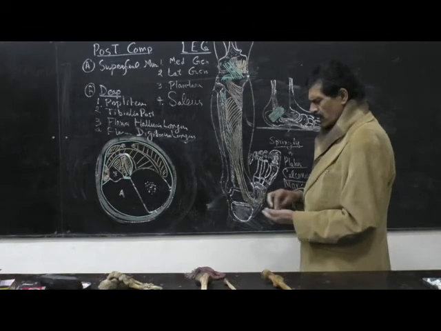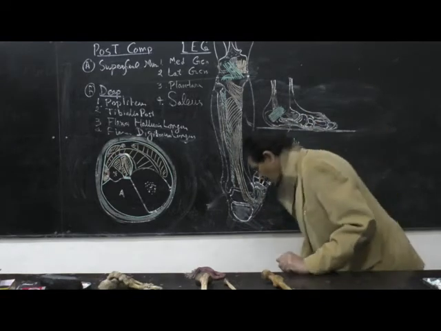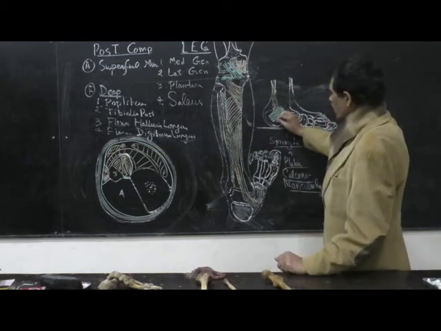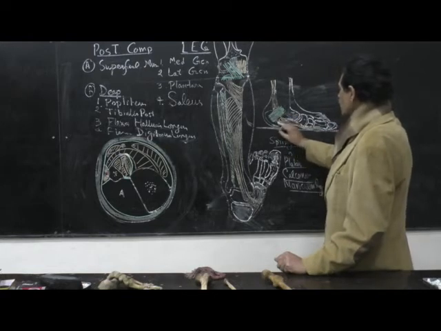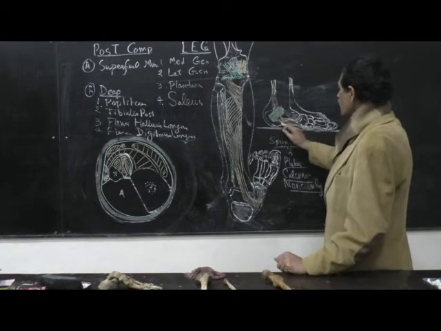Then this tendon of the flexor digitorum longus runs on the medial surface of the calcaneum below the sustentaculum tali.